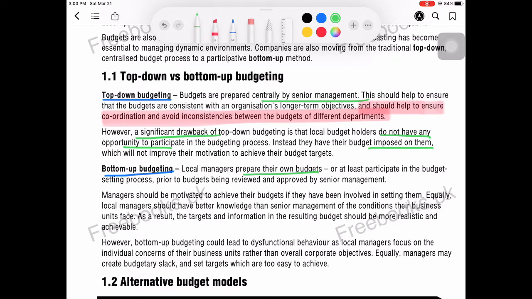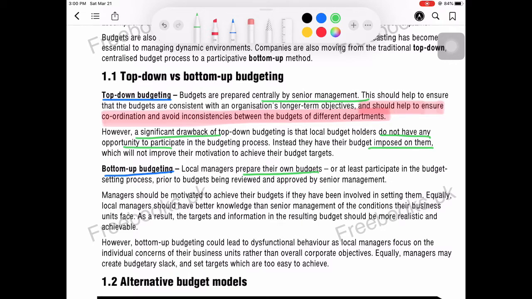However, a significant drawback of top-down budgeting is that local budget holders do not have the opportunity to participate in the budgeting process. Instead, they have the budget imposed on them, which will not improve their motivation to achieve their budget targets. So this is talking about the management and the operational level, that is, they don't have any control or participation in actually setting the budgets, which means that it's more of an implementation.